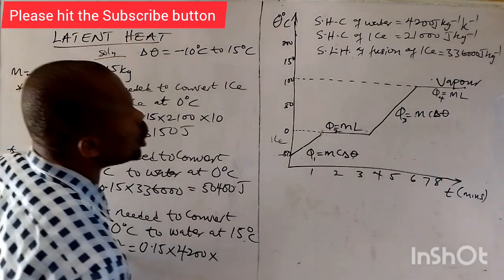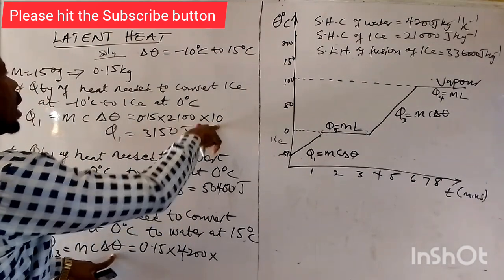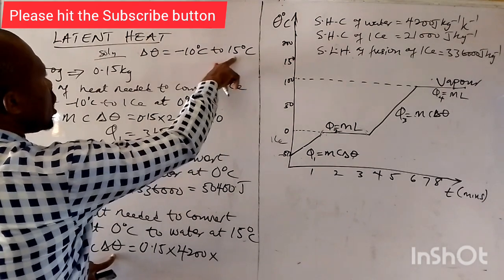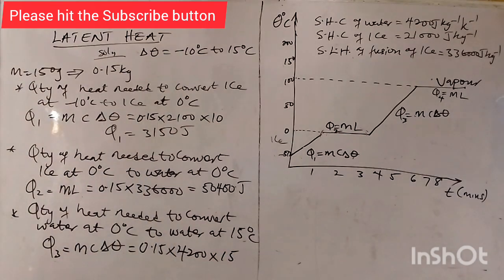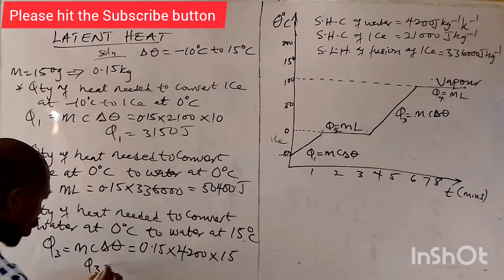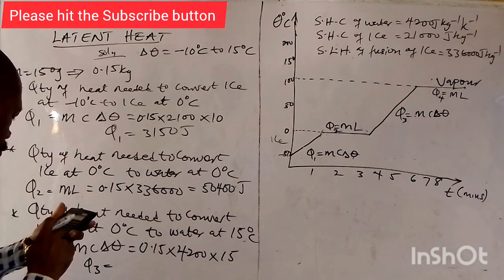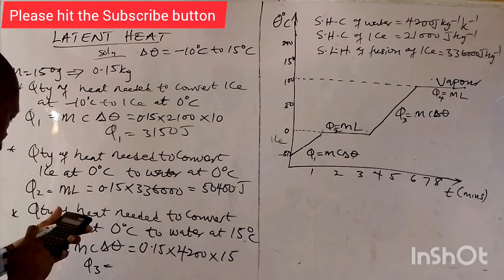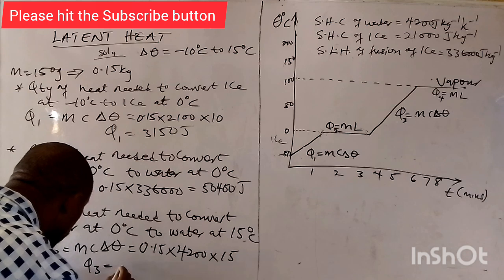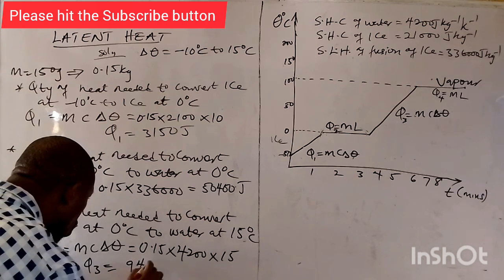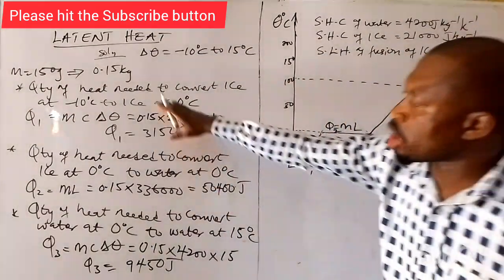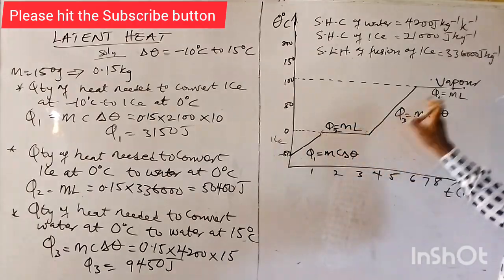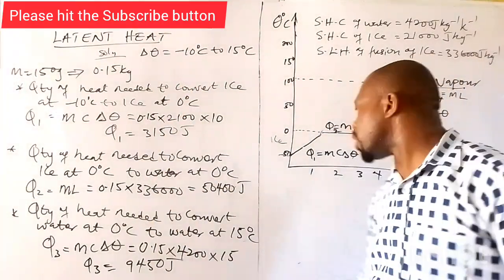The temperature change here is 15. So Q3 is 0.15 times 4,200 times 15, which will now give us 9,450 joules.